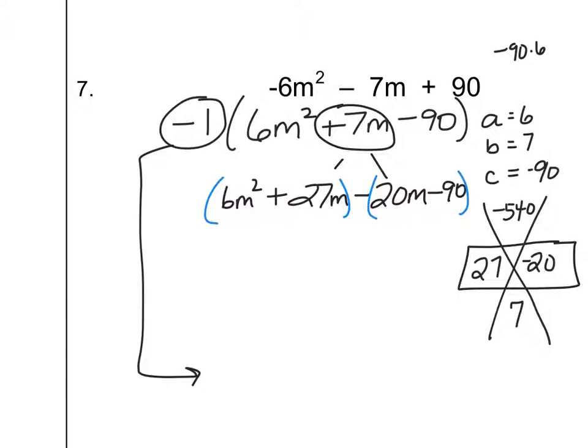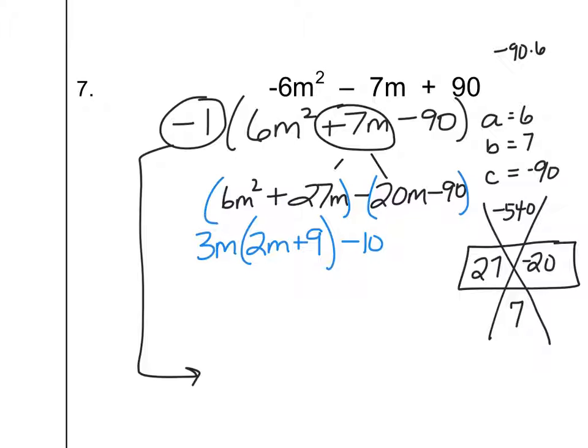The biggest number that goes into 6 and 27 is 3, and I've got to take out an m. 6 divided by 3 is 2. Had two m's, took one away, so I still have one left. 27 divided by 3 is 9. Had an m, they took it from me. The biggest number that goes into 20 and 90 is 10.